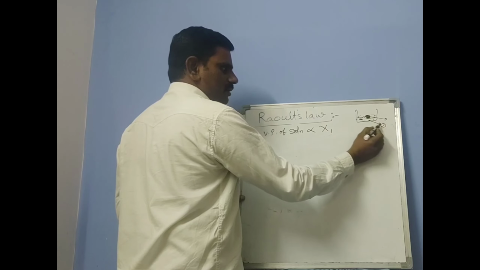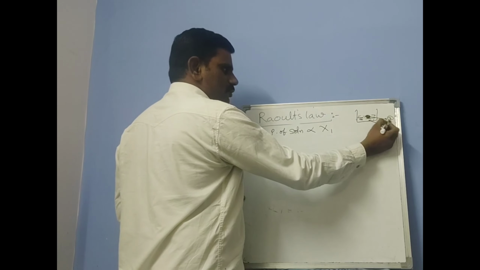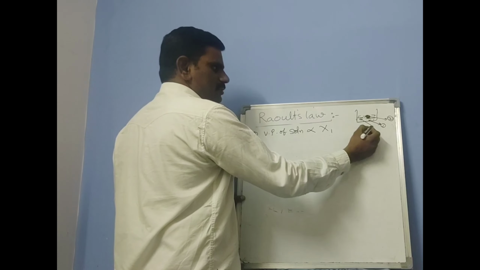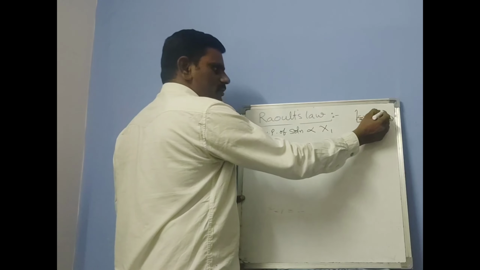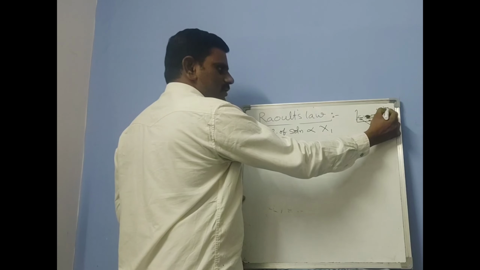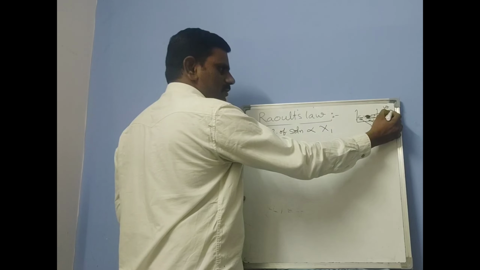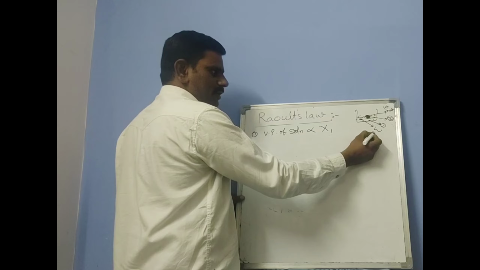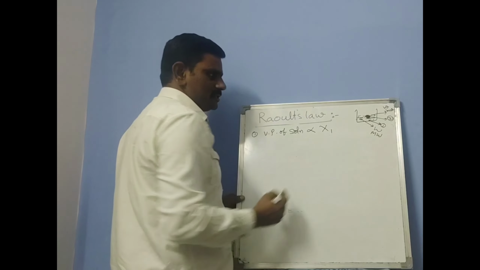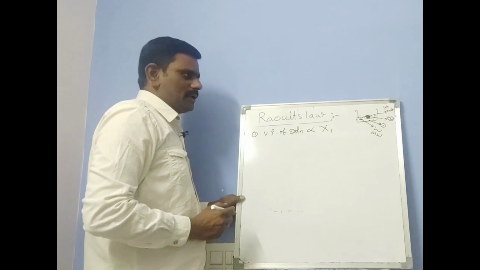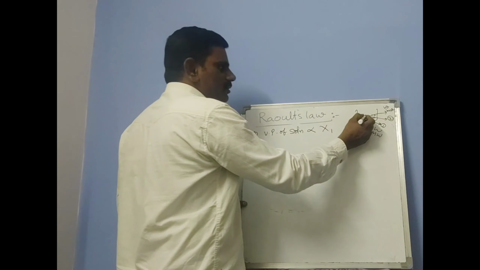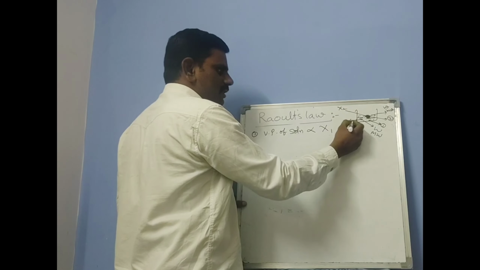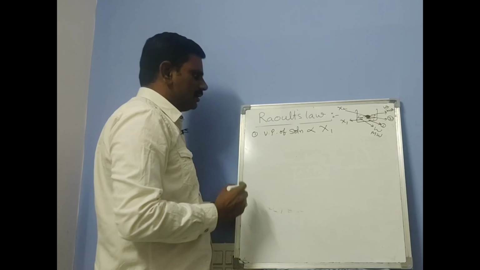I give the number 1 for solvent, number 2 for solute. Small letters are for solute, meaning weight of solute is small w, molecular weight of solute is small mw. Weight of solvent is capital W, molecular weight of solvent is capital MW, and mole fraction of solute is x2, mole fraction of solvent is x1.